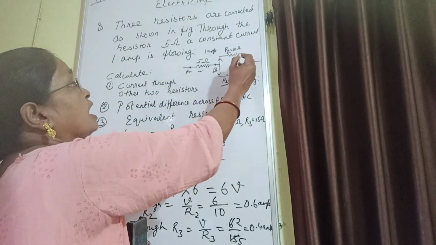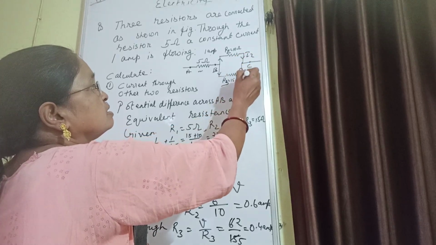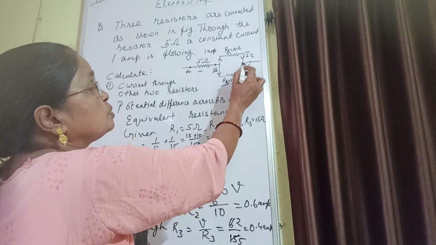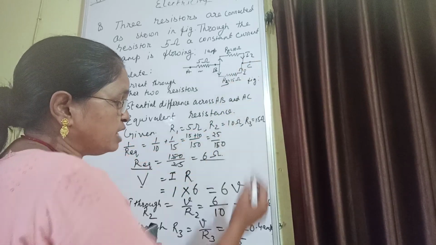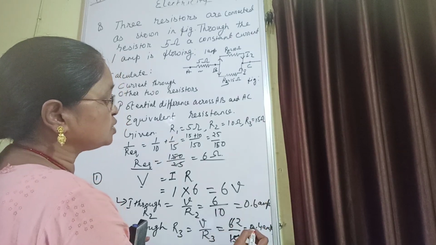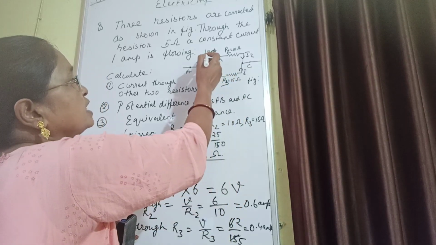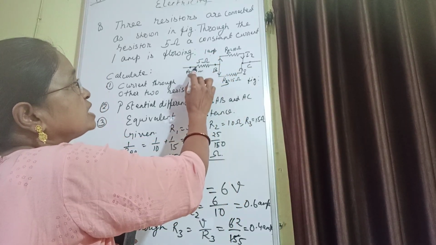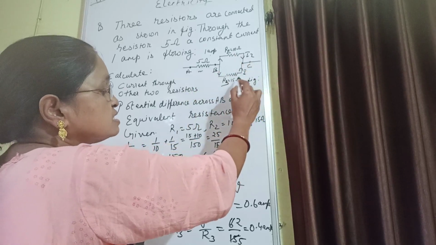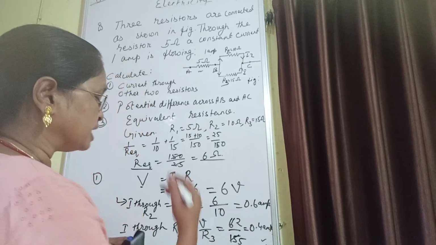But when I2 and I3 come and meet here and pass through the wire through point C, then what will happen? 0.6 ampere plus 0.4 ampere, when you add this, you will get 1 ampere. So 1 ampere is passing through 5 ohm, and again 1 ampere we are getting in the circuit. That means whatever we have calculated is right.